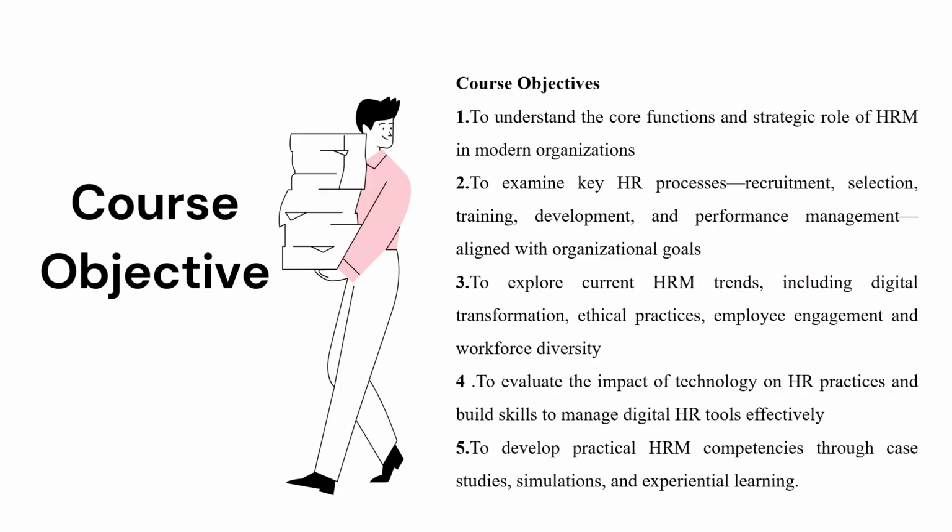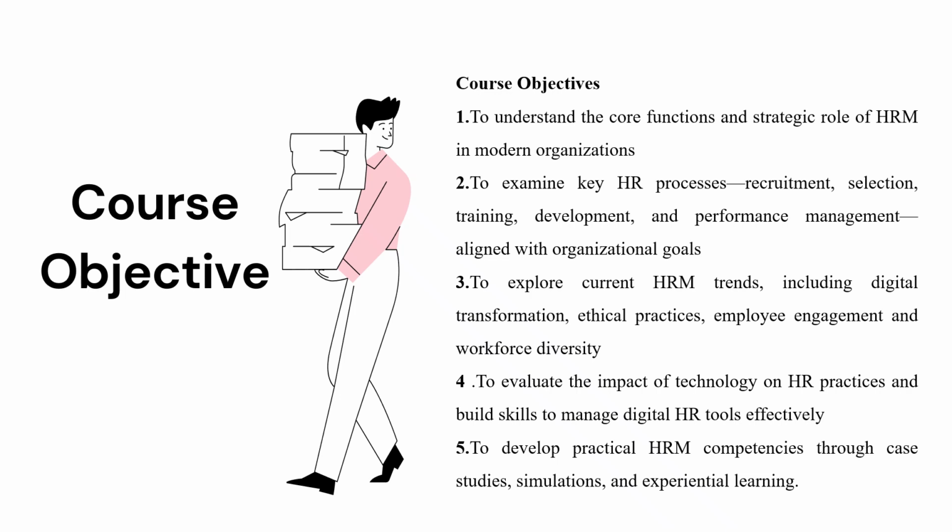Moving further, now let's understand what we are going to learn in this course through the course objectives. The first objective: you will understand what human resource management is, why it is important in today's organization, and you will also learn how HR is no longer just about hiring employees and how HR contributes directly towards business success.